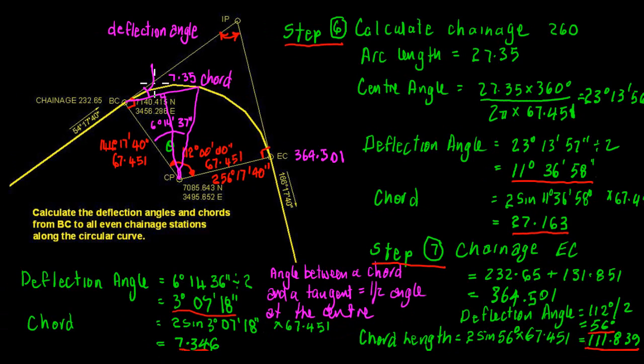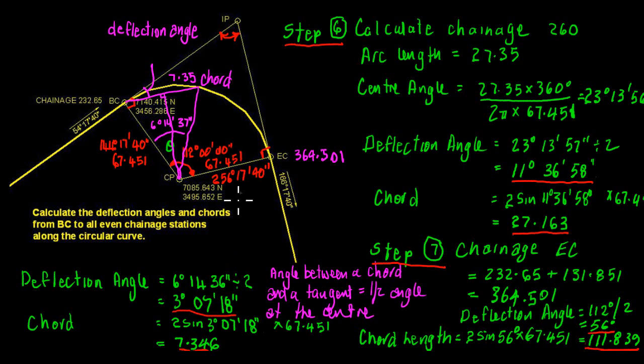You may see other angles labelled as deflection angles, but for the purposes of this exercise, that is what we're talking about as the deflection angle. So it's how much we're deflecting the curve. Although there's some that call this angle around here the deflection angle, which is another story for another day. So there's our deflection angle there.